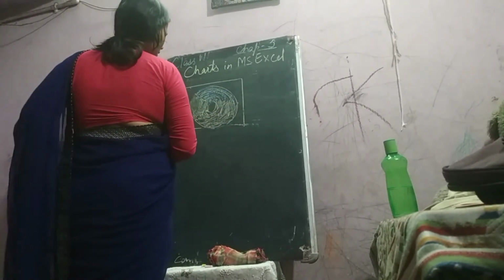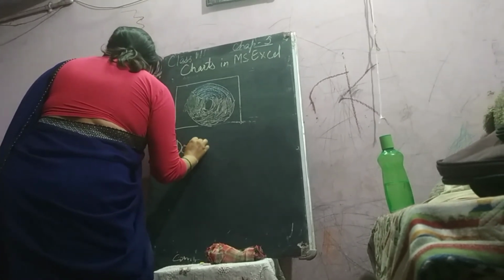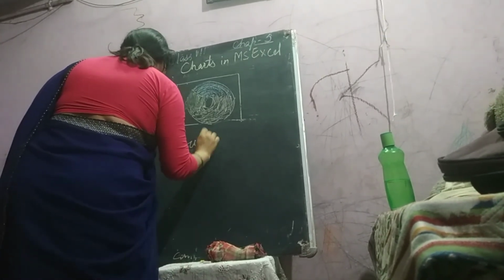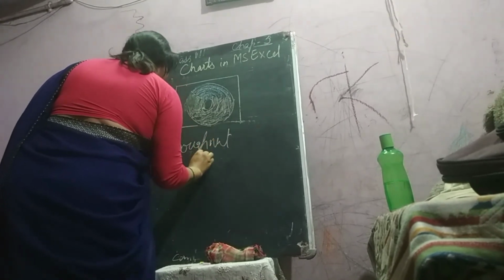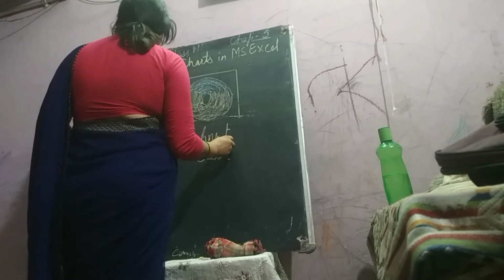This chart is doughnut chart. Now, it is a subtype of pie chart.